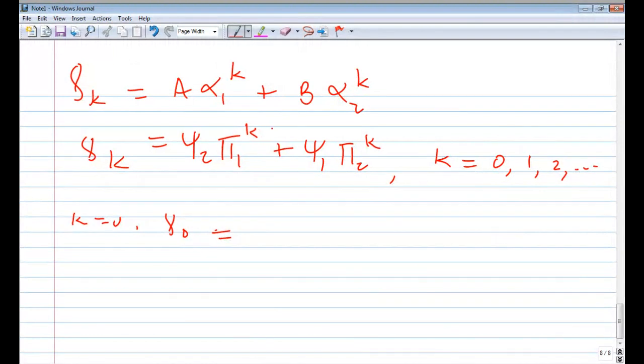Substitute there by 0. So you're going to get what? Psi 2 plus psi 1. If k equal to 0, isn't it? Psi 2 plus psi 1. That is rho 0 there.